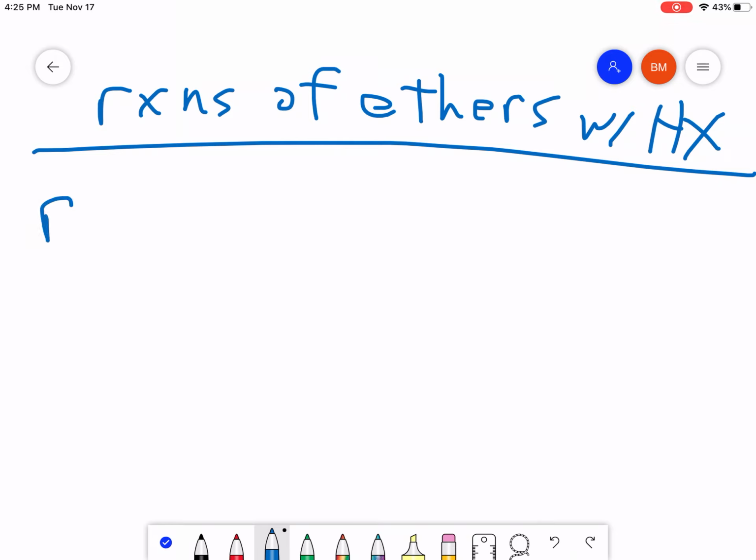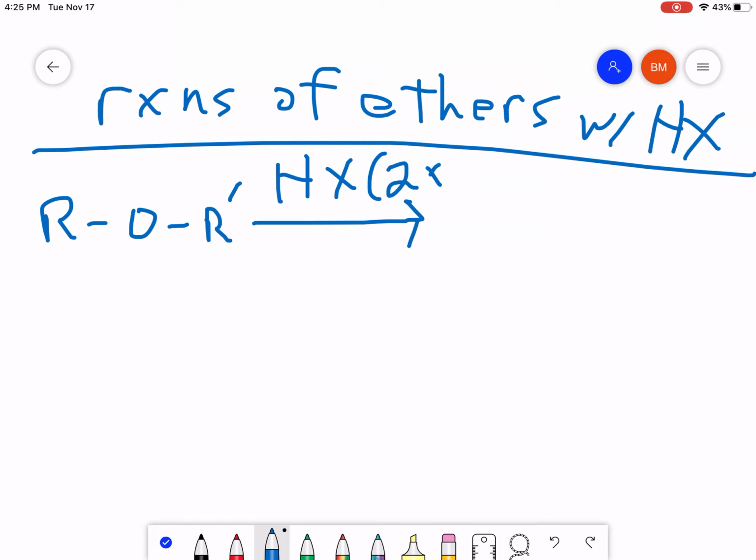Basically, here's how it goes. Remember that an ether looks something like this. You have this COC, or ROR linkage. Basically what happens is you add your halogen acid, and you're going to add 2 equivalents. We've seen this before when adding base to dihalides to make alkynes, right?